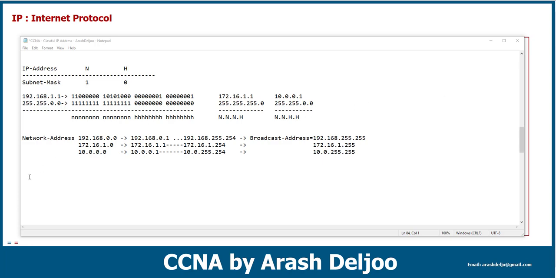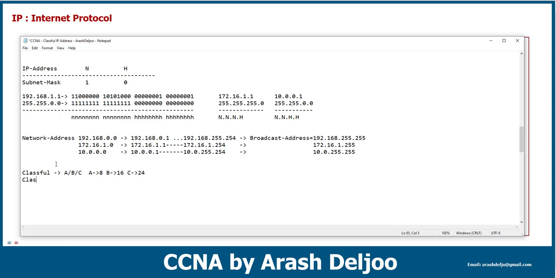You know that in the classful days, in classful networks, we use class A, B, and also C for unicast communication. In class A, we have 8 bits of network. In class B, we have 16 bits of network. And also in class C, we have 24 bits of network.